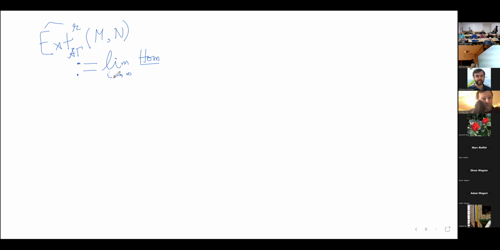The stable Hom in mod AΓ, between Ω^(i+r) M and Ω^i N. To define a few things here.